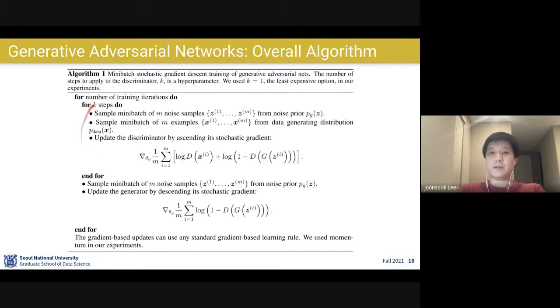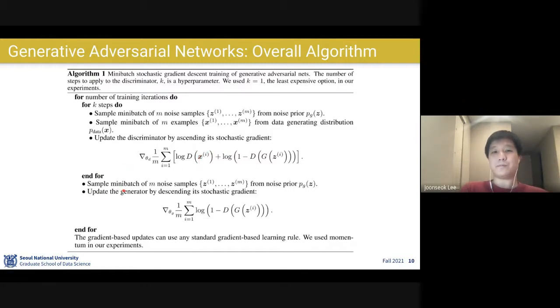So in this part, the first half, they sample m fake examples, called z, where z is just a random vector. And from there, it generates some fake images, m fake images. And they take m real images, x, and then update the discriminator based on this. So they have the same number of real images and fake images, and it trains the discriminator with the fixed generator to better distinguish these real and fake examples.